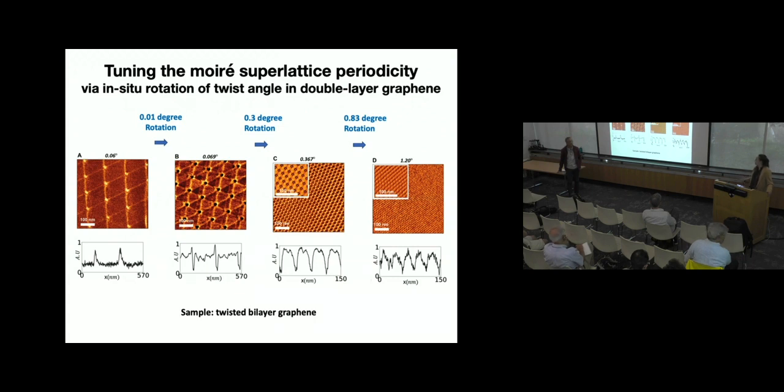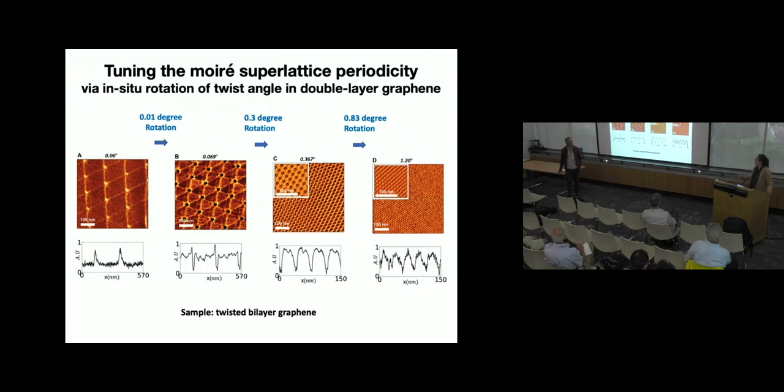But one thing that we did notice is that if we image a moiré superlattice immediately after sample fabrication, we often notice a deformation or intrinsic strain within the moiré superlattice. But after doing this in situ manipulation step, we often see much more ordered and periodic moiré superlattices. So it's almost like this rotation process might be relaxing some of the strain. We've only seen this in a couple of samples though, so I don't know if it's systematic or if we just got lucky.